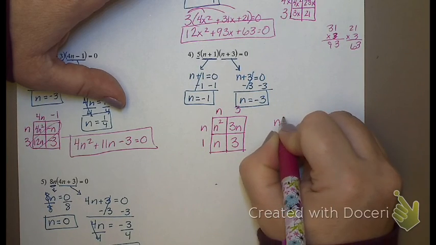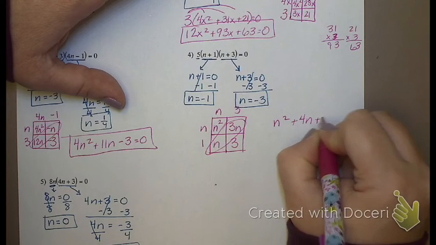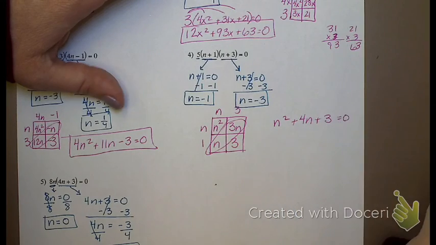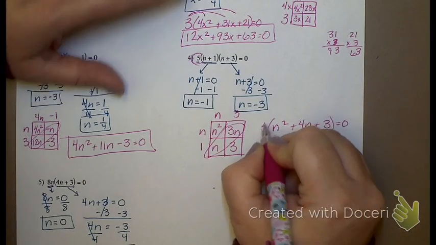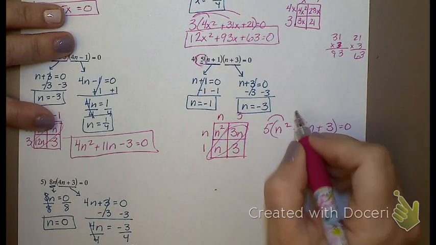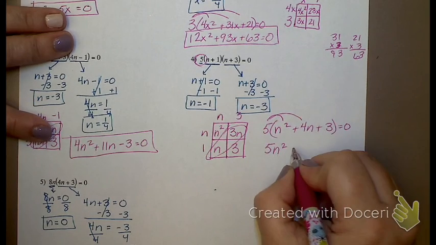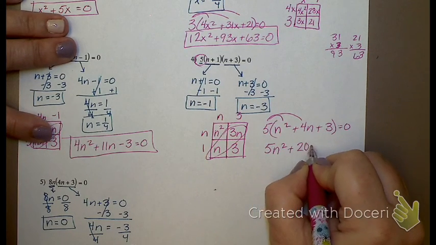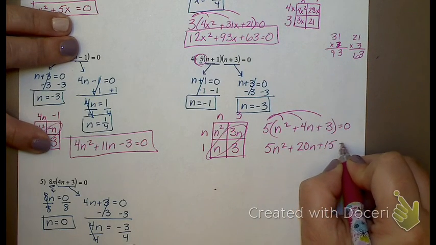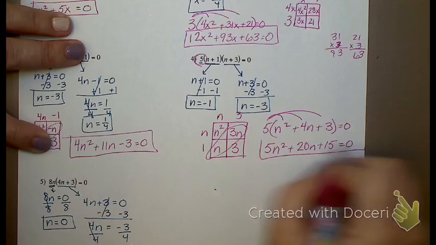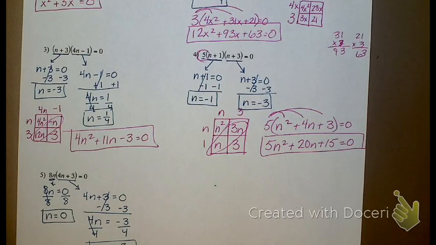That gives me n squared plus 4n plus 3 equals 0. And now I'm going to take that 5, and I'm going to multiply that 5 through. So 5 times n squared is 5n squared. 5 times 4n is 20n. And 5 times 3 is 15. Don't forget your equals 0. And that's your answer.